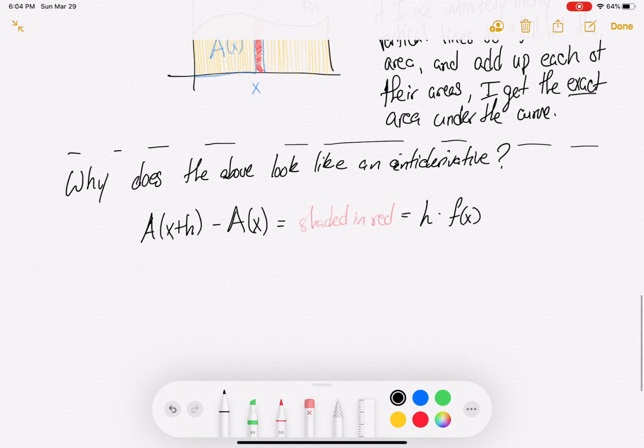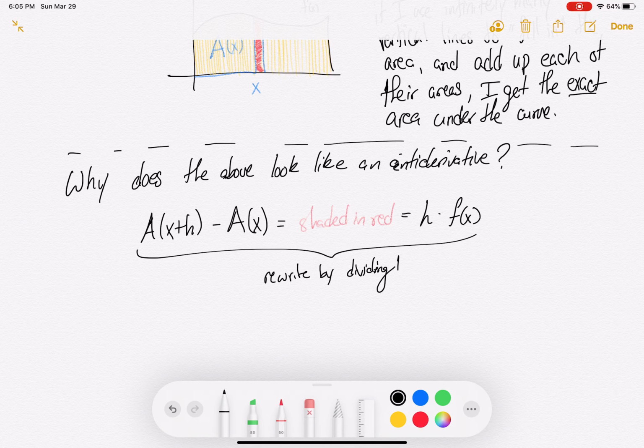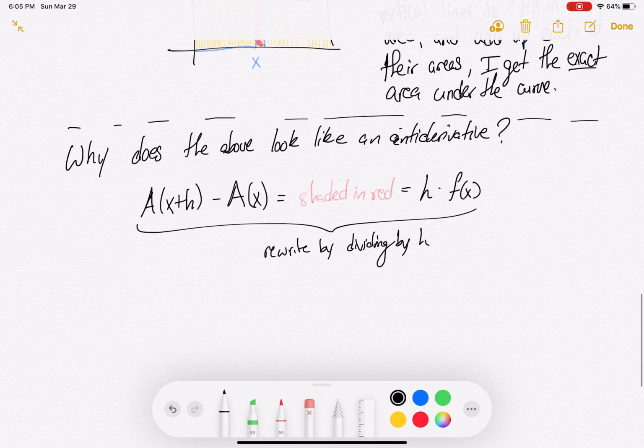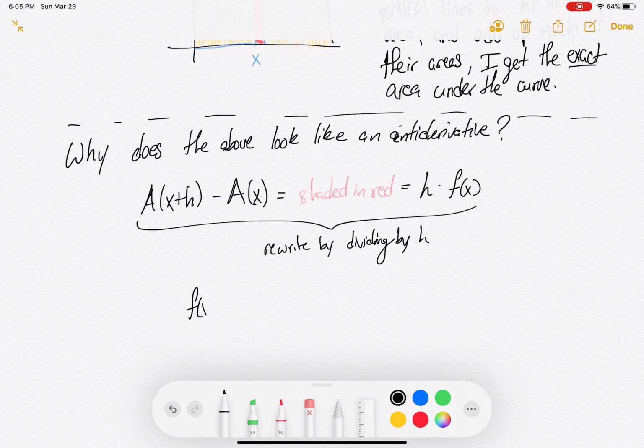I can rewrite this whole piece by dividing by h. I can rewrite the whole thing as f of x equals A of x plus h minus A of x, divided by h.